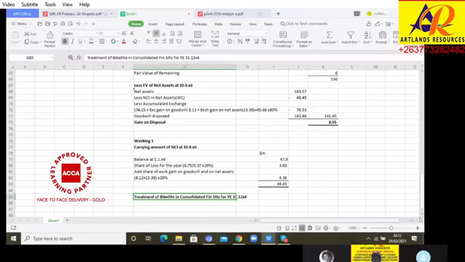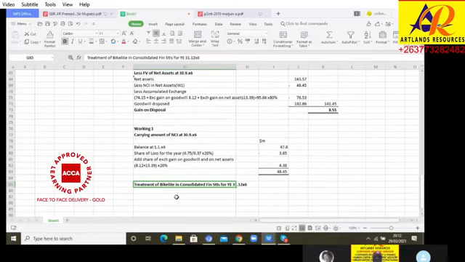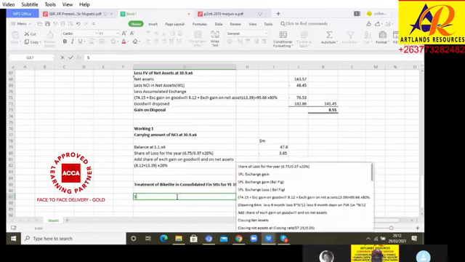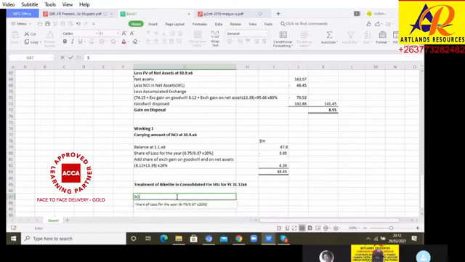You know what you need to do is you say in the statement of financial position, don't consolidate as the subsidiary is no longer there. We no longer have the subsidiary.